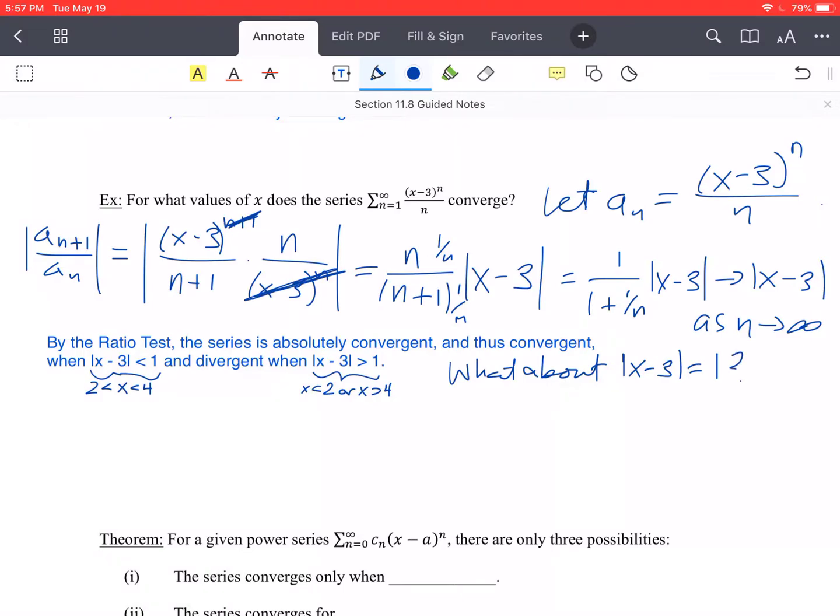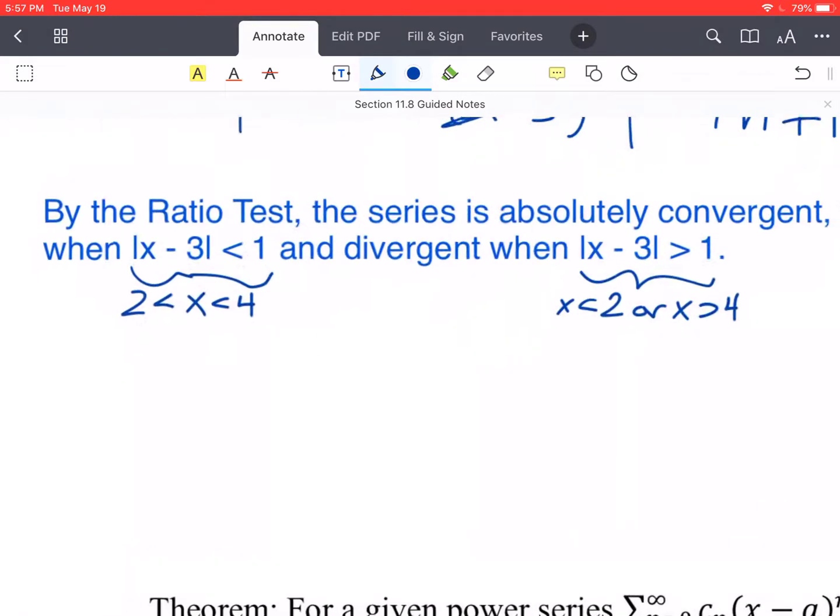Okay, so this is going to give us two cases. It's going to give us the case when x is 2 and the case when x is 4, because we see that here it's not strictly equal to in any of those. So we need to figure out what's going to happen at that time.